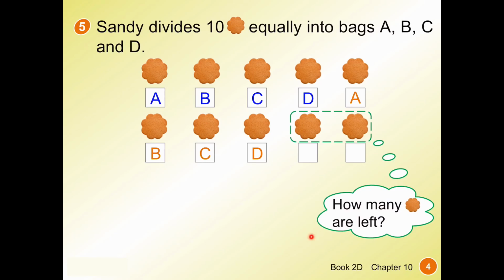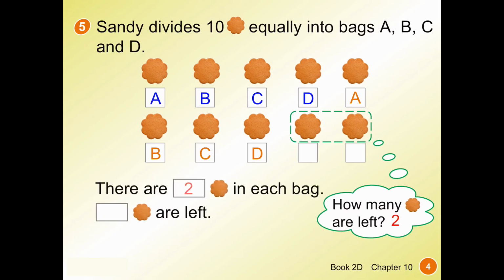So how many biscuits are left? Because we cannot divide the leftover 2 biscuits into bags A, B, C, and D equally. So we will leave the 2 out. So there are 2 biscuits in each bag and 2 biscuits are left.